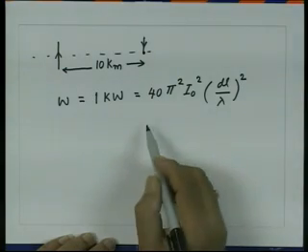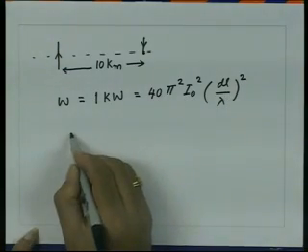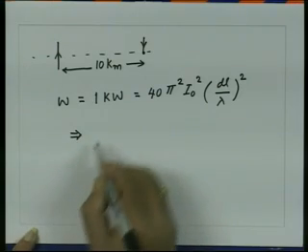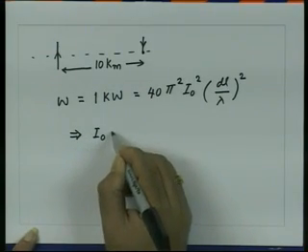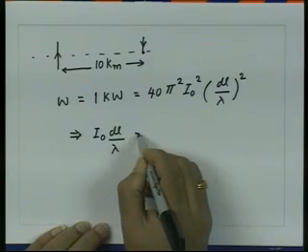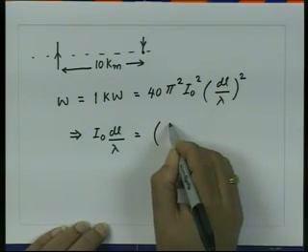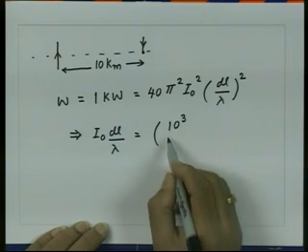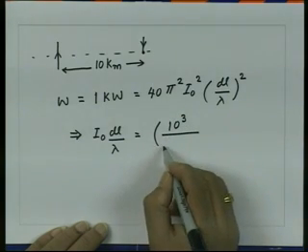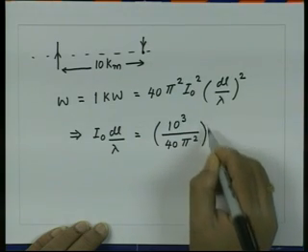Now, from here we can calculate this quantity I0 dl upon lambda. So, we can invert this to get I0 dl upon lambda, that is equal to the square root of 1 kilowatt, which is 10 to the power 3 watts, divided by 40 pi square.